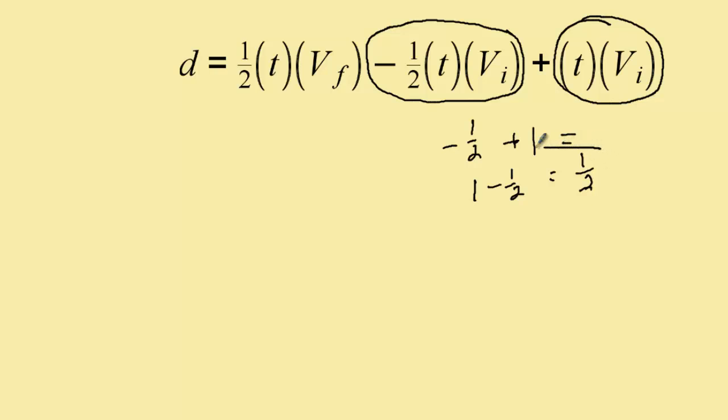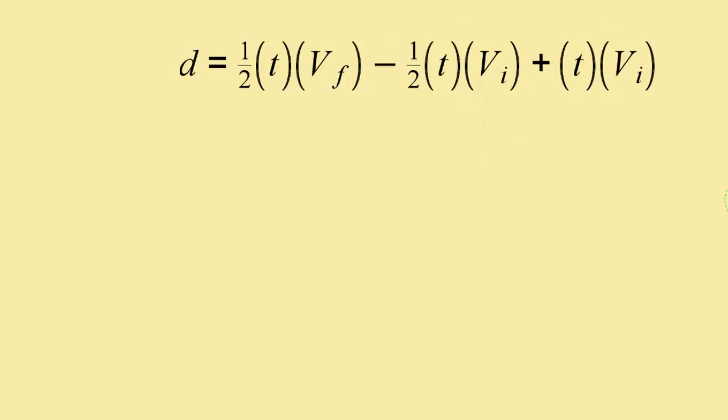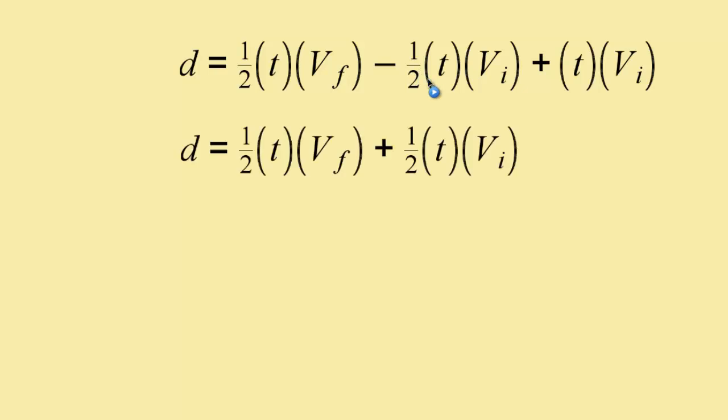So I want you to keep this little tidbit in mind as I show you the next step in this equation. So let me erase this here, and let's just move backwards a little bit here. Maybe I can do it this way. There we go. All right, so now let's move forward this equation. So negative 1/2 t vi plus 1 t vi gives us a positive 1/2.